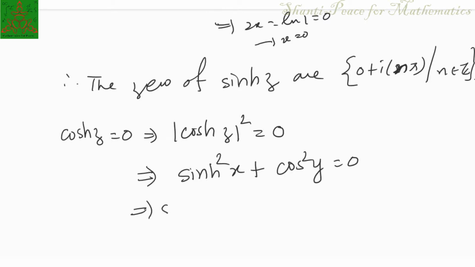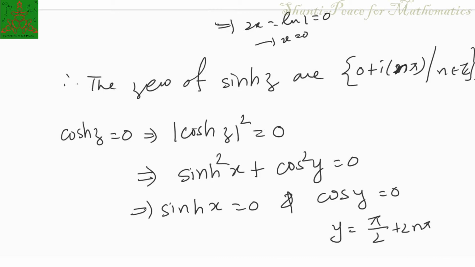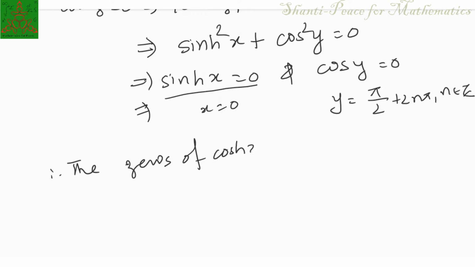So that gives me sine hyperbolic x is 0 and cos y is 0. Cos y gives you y equal to pi by 2 plus 2n pi, because at pi by 2 it will be 0 and every 2 pi interval it will repeat, so that's why it is plus 2n pi. In the similar manner as discussed above, sine hyperbolic of x is 0 implies x will be 0. So here the zeros of cos hyperbolic of z are pi by 2 plus 2n pi i.